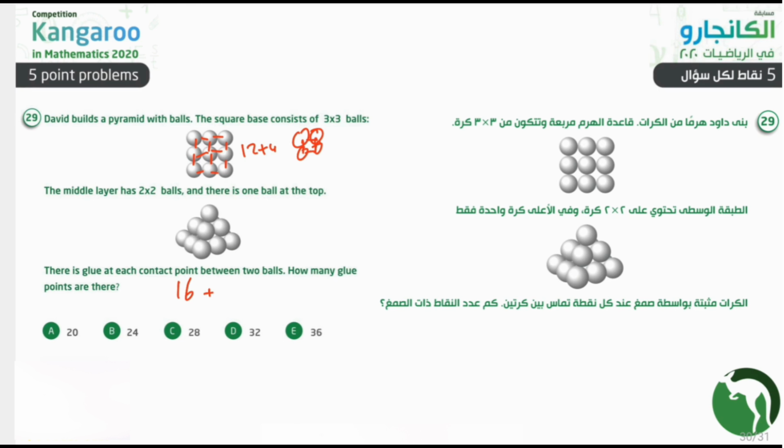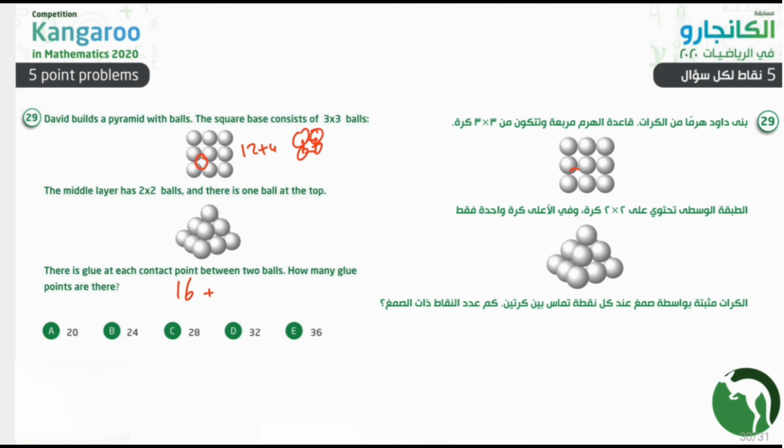Now let's see vertically. As we can see here in the second layer, each one of the balls has a connection with 4 balls. For example, if we put a ball here, this ball has 4 contact points with these 4 balls under it.